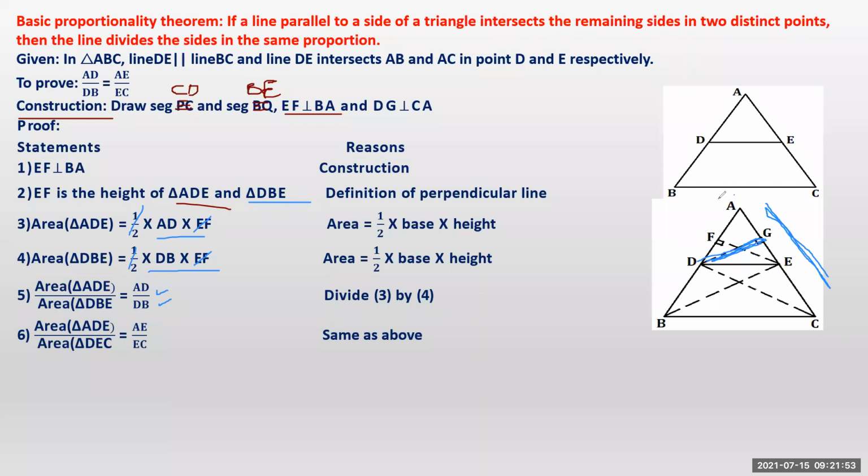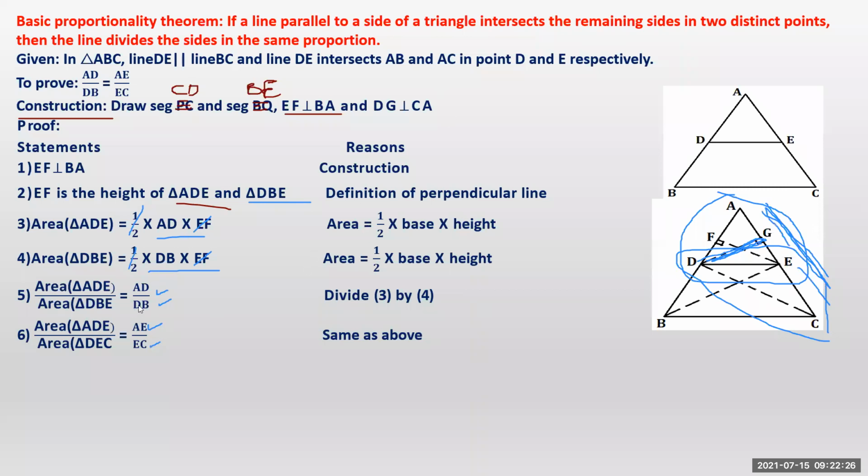Now, if you are considering triangle ADE and if you are considering triangle DEC, you'll get again that the heights are the same. So you'll write it in terms of base, that is AE upon EC. Understand?